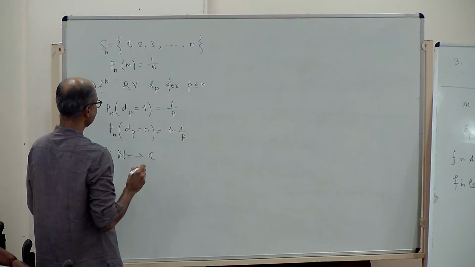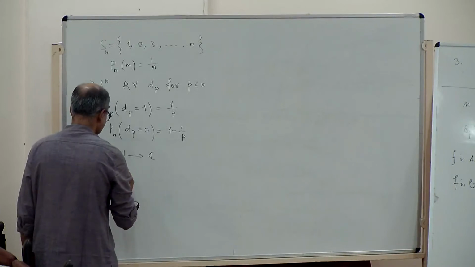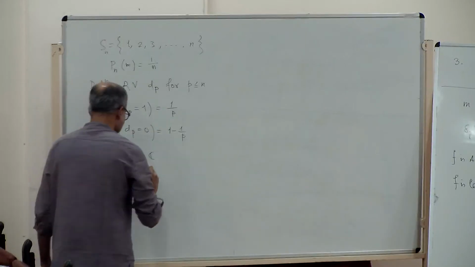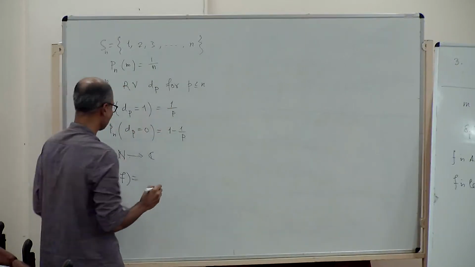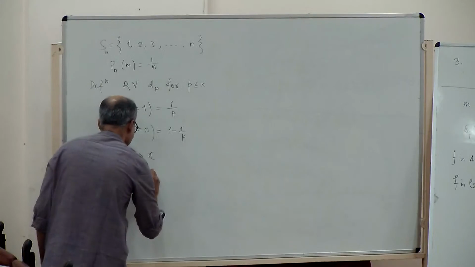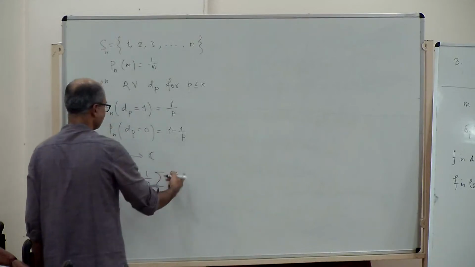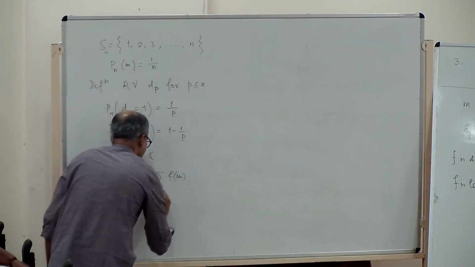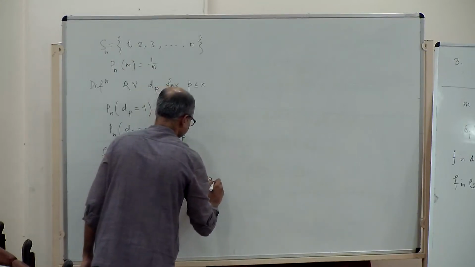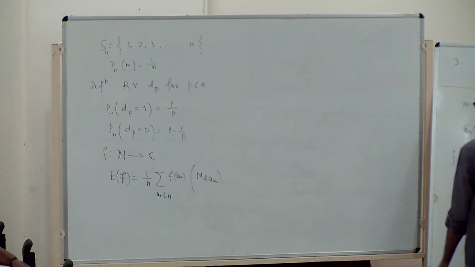So, then what is the expectation? I will keep this E notation for expectation. The expectation is obviously equal to the mean as we understand, because every integer has the probability 1 over n. So, it is simply 1 over n and then this sum, the value of the variable and the probability. So, this is exactly the mean in this world.